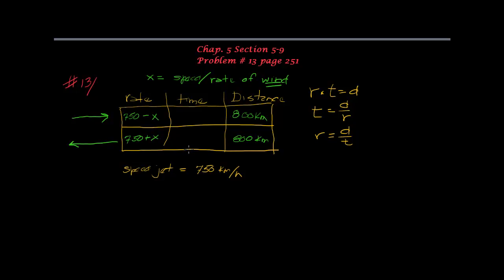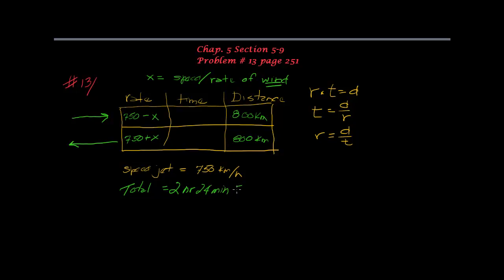All good with that? Now, we could solve this problem by entertaining another variable for the time, because we don't know the time that he is actually in the air. Either way, but we do know total time up and back is equal to 2 hours and 24 minutes.